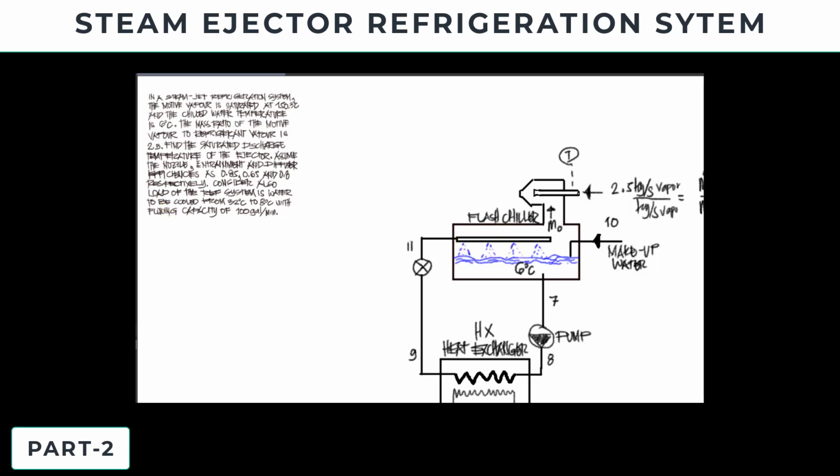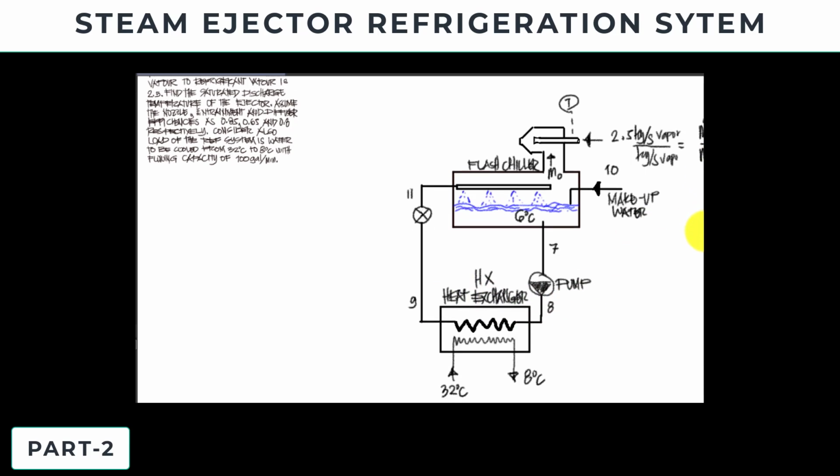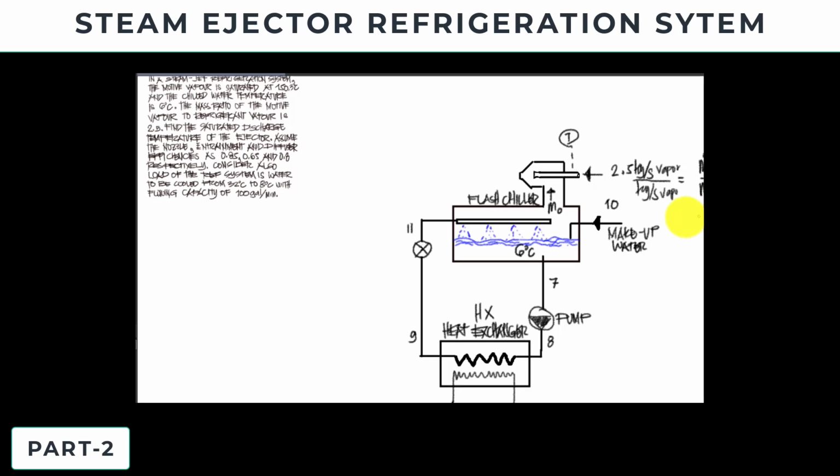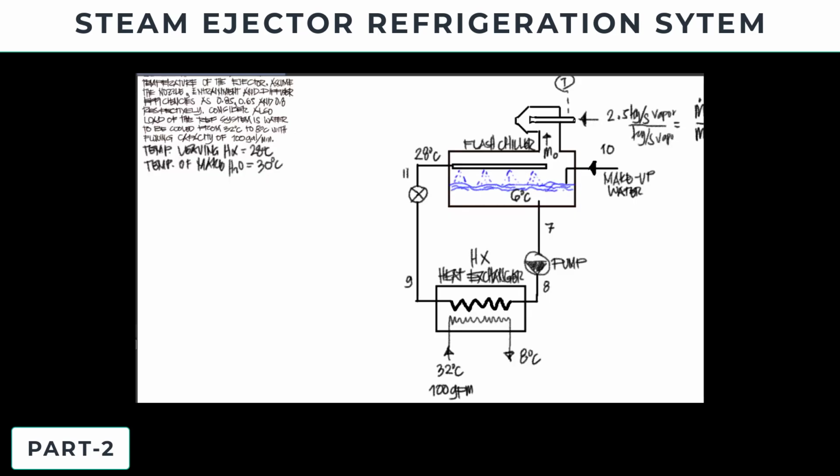I forgot to mention the desired temperature at point 11, so that we may completely solve the cycle. I'm going to put here the temperature leaving the heat exchanger, which is equal to 28 degrees Celsius, and the temperature of my makeup water, H2O, equal to 30 degrees Celsius.